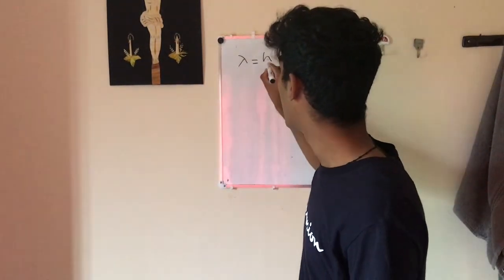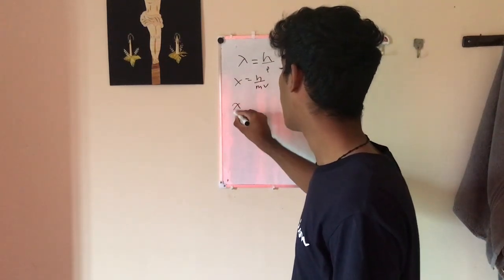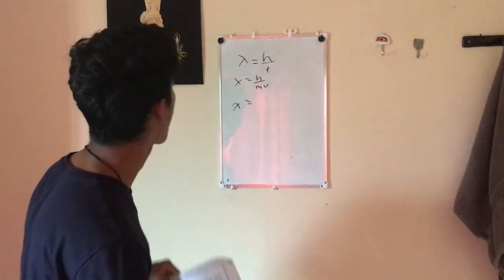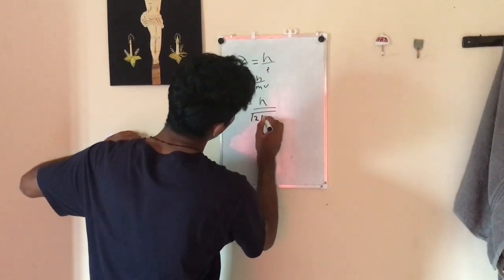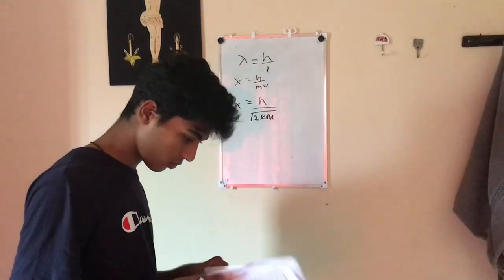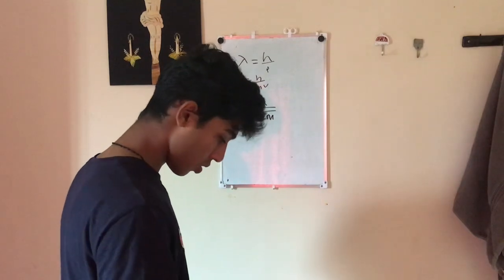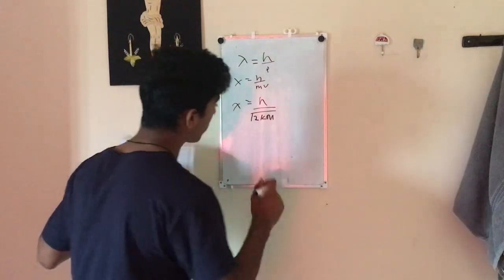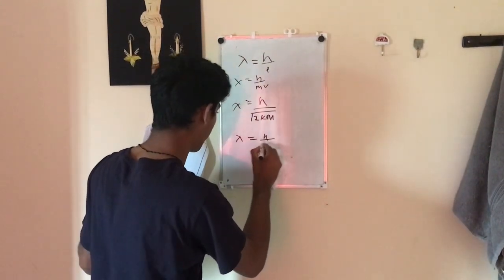Lambda is equal to h by p, lambda is equal to h by mv, lambda is equal to, in terms of kinetic energy, h by root 2mK. Yeah, it's all 2mK.